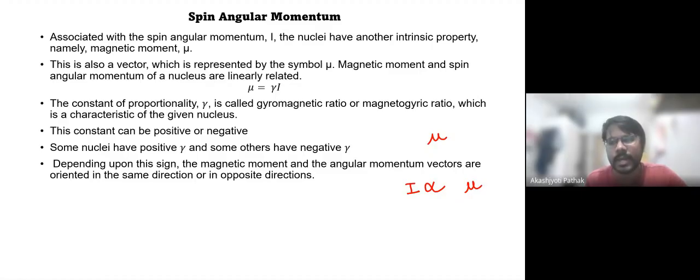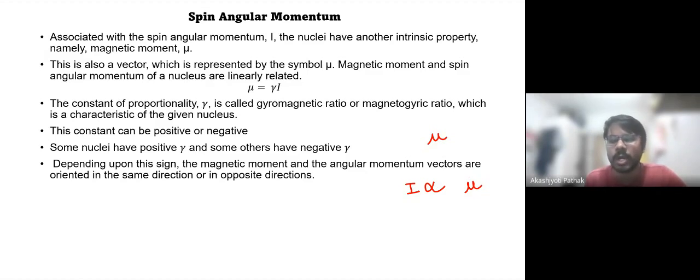Any spinning object will produce a magnetic field around itself. This is called the nuclear magnetic moment, denoted by the Greek letter mu, and it is also a vector quantity. So both spin angular momentum and magnetic moment are vector quantities.